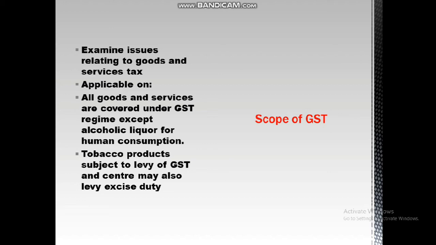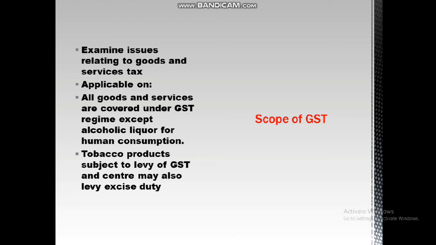The proposed Article 279A of the bill provides for constitution of the Goods and Services Tax Council to examine issues relating to goods and services tax and make recommendations to the Union and the States on parameters like rates, exemption list and threshold limits.